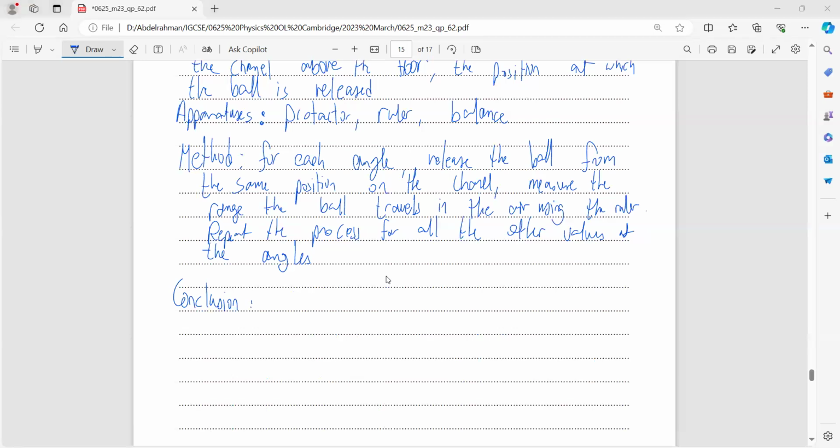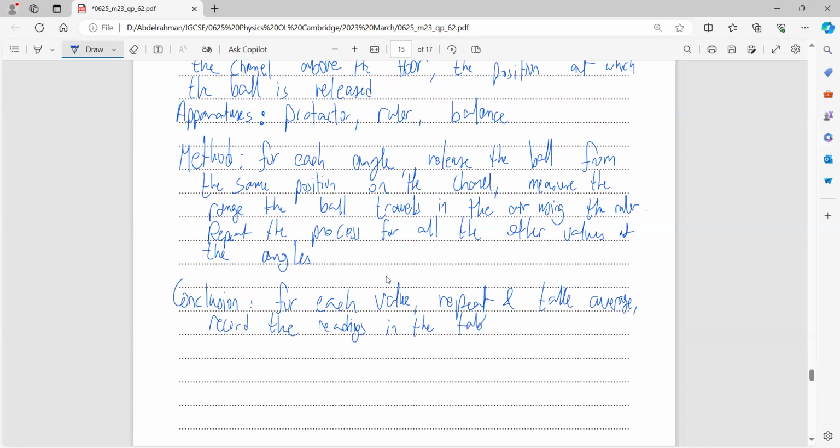Repeat for each value and take average. Record the readings in the table. Compare the results.